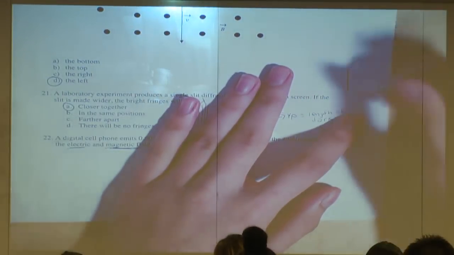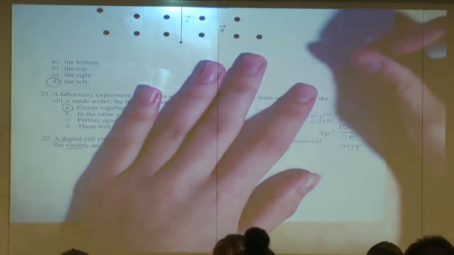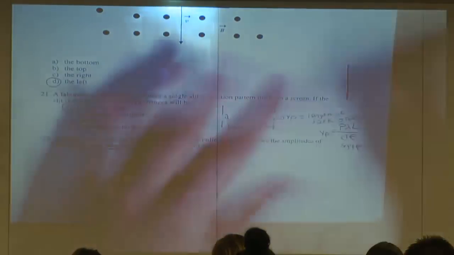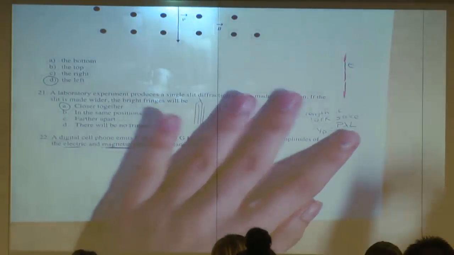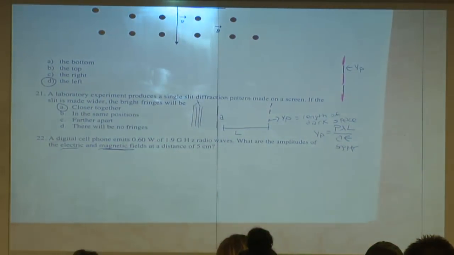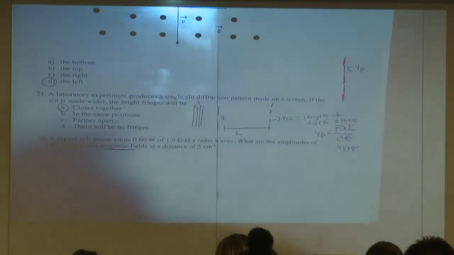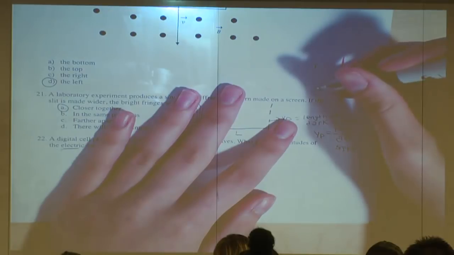In the drawings there's the dark space and then the bright spaces. The red is where it's bright, so this is YP right here. If YP is getting smaller, you have super tiny little black spaces now. This isn't greatly drawn.